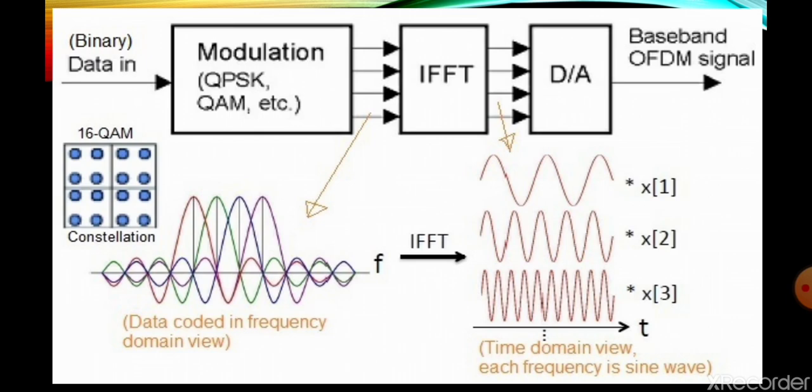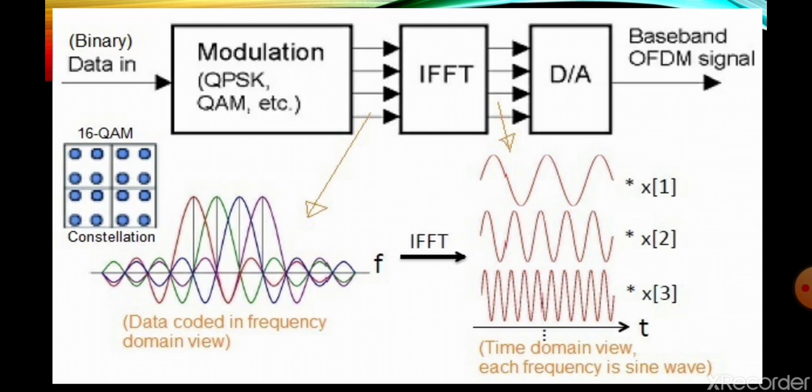If you have a closer look, the modulation could be QPSK or QAM or anything, and the signal after modulation would appear as shown in the figure in the frequency domain. The frequency domain signal is converted to the time domain signal by performing IFFT, and then the further blocks are added.